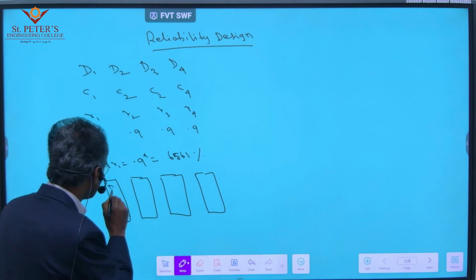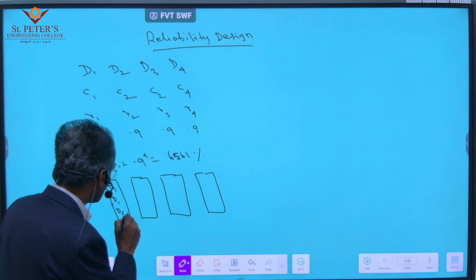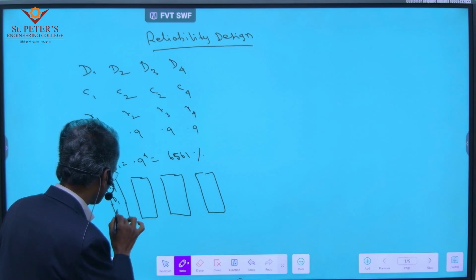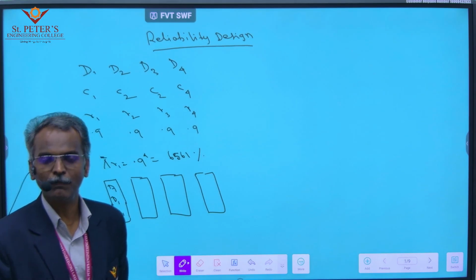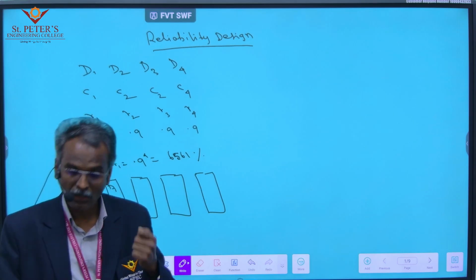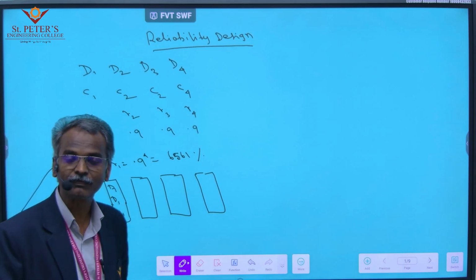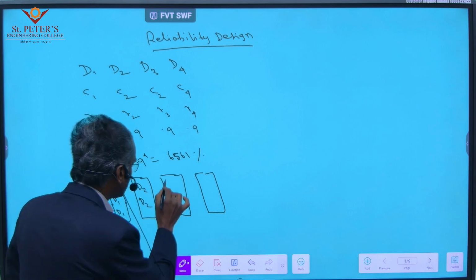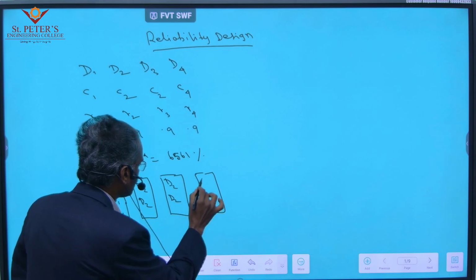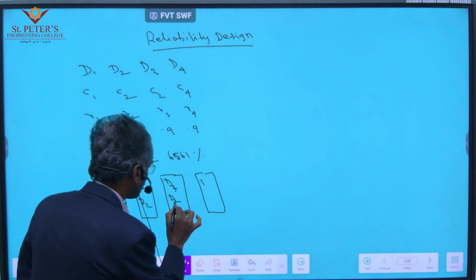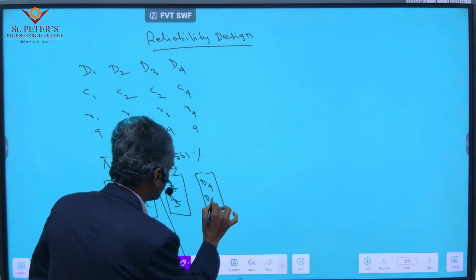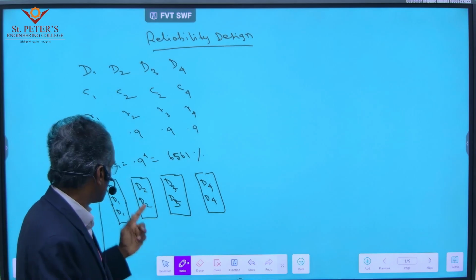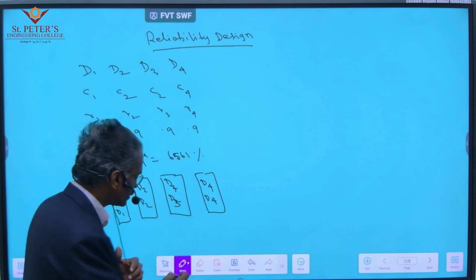So for the first device, I have decided to have 3 copies, and for the second device 2 copies as per my estimation. The third 2 copies, the fourth also 2 copies.